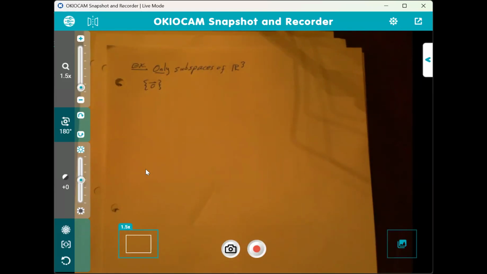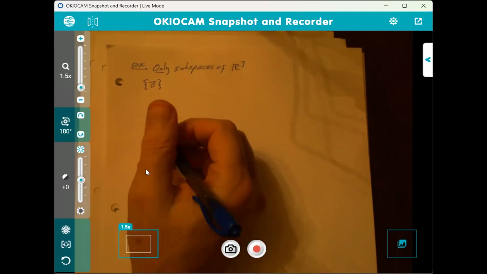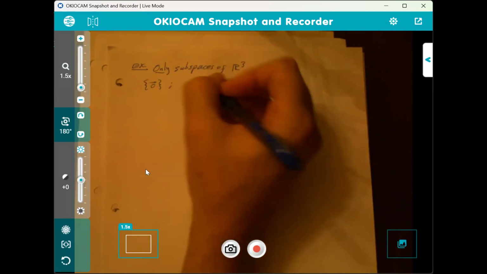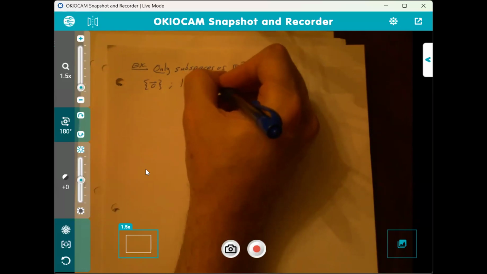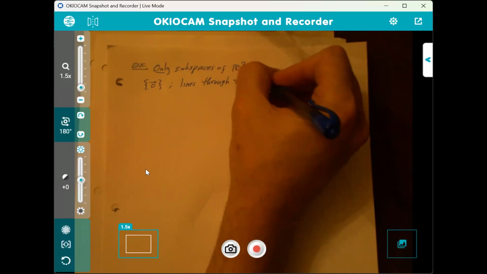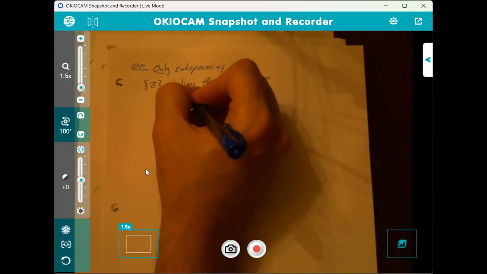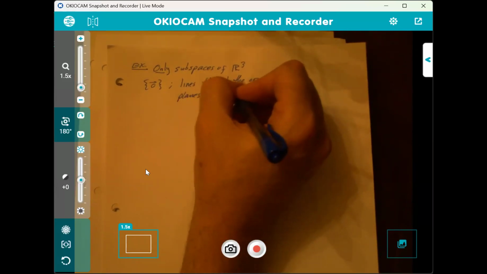Remember, zero is a subspace of any space, right? That's the trivial subspace. The next one would be all lines we just showed geometrically through the origin. Next, it would be all planes. We showed both of these geometrically, all planes through the origin.